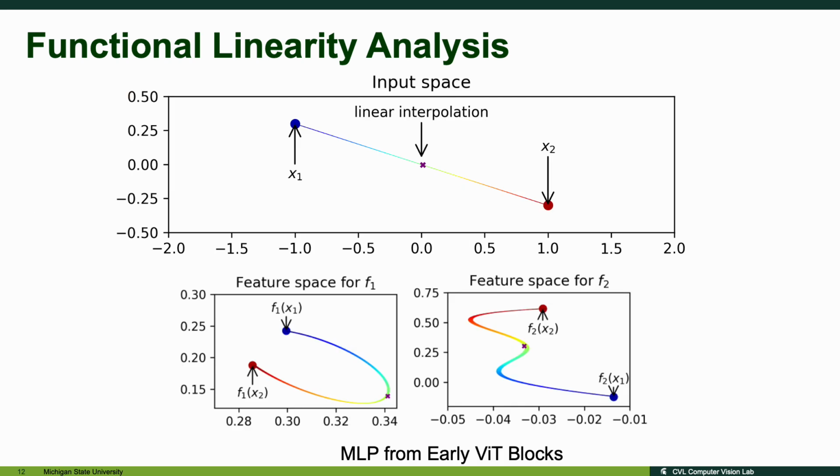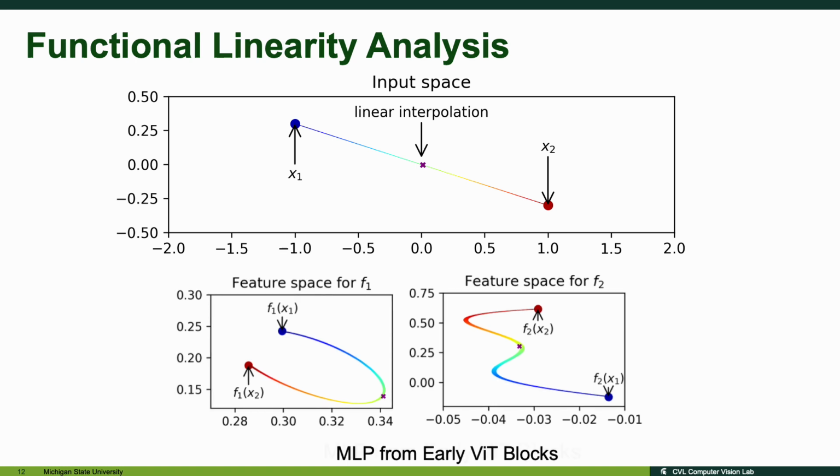For MLP layers in the early blocks of vision transformers, the interpolation path is markedly nonlinear. This is observed when the midpoint of x1 and x2, once transformed by f, deviates significantly from the midpoint between f(x1) and f(x2).